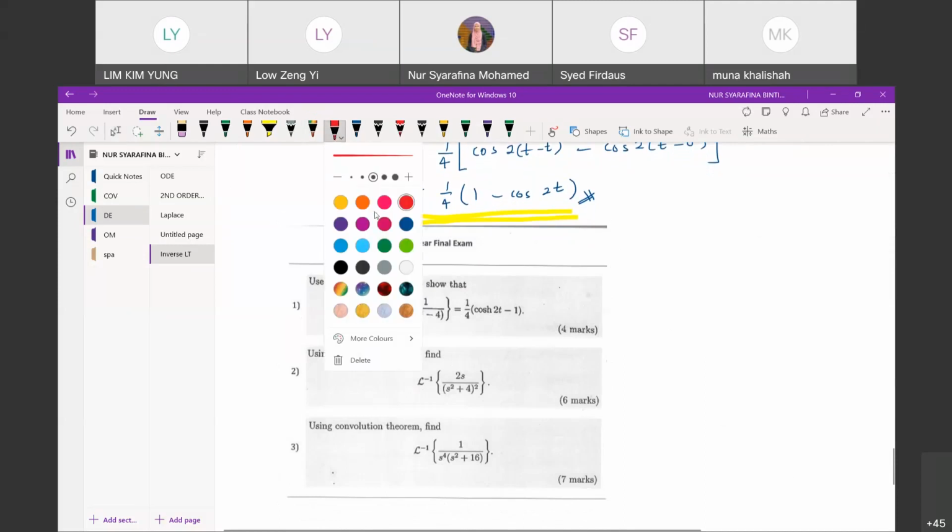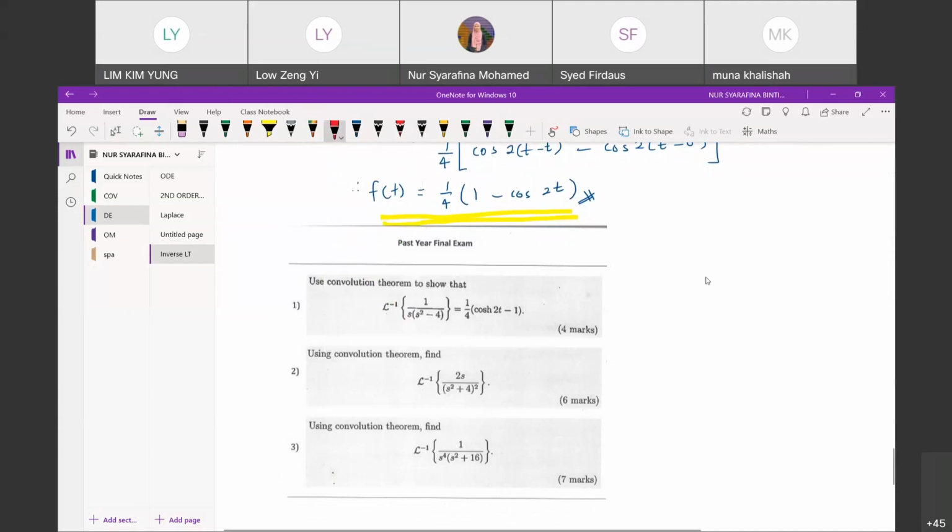As you can see here, this is a combination of Fs and Gs, so you can choose either function for your Fs or Gs. It's up to you. This is 1 over s times 1 over s squared minus 4. This is 2s over s squared plus 4, and then you can choose 2 over s squared plus 4 and another one is s over s squared plus 4, because this is squared here.